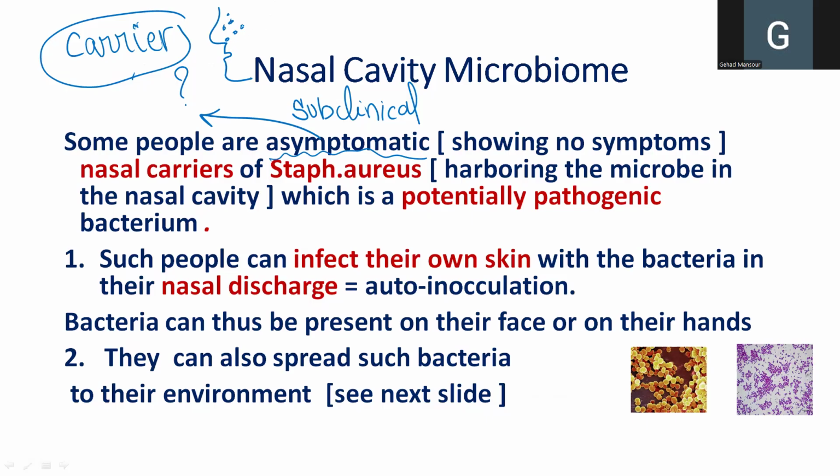And this microbe, which is Staph aureus, is a normal resident of the nasal cavity in those people, but it is asymptomatic. Why are these bacteria asymptomatic? First of all, because they are non-virulent, meaning that they do not possess strategies to overcome the immune system.